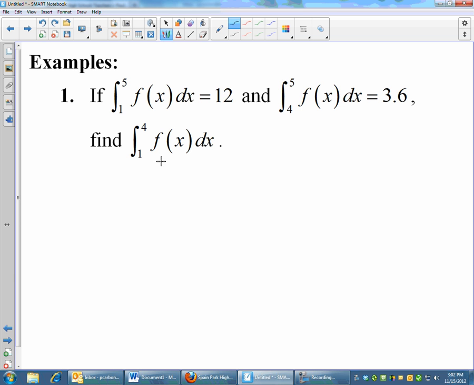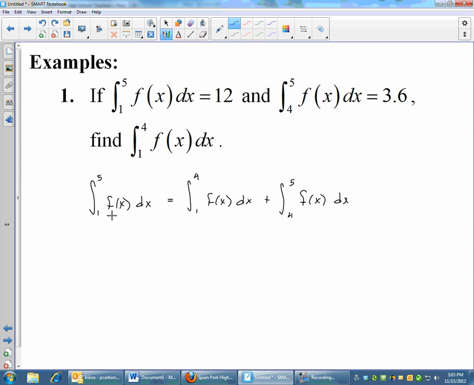But I'm going to kill this thing dead just to make sure that we're seeing how the properties work out. The integral from 1 to 5 of f of x is the exact same thing as the integral from 1 to 4 of f of x plus the integral from 4 to 5 of f of x.